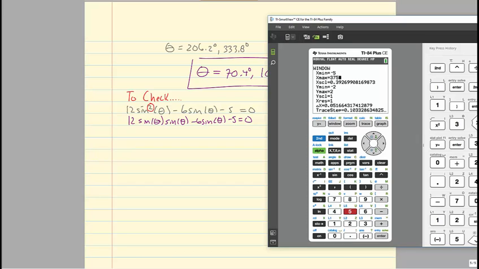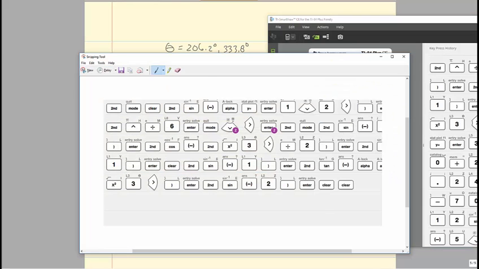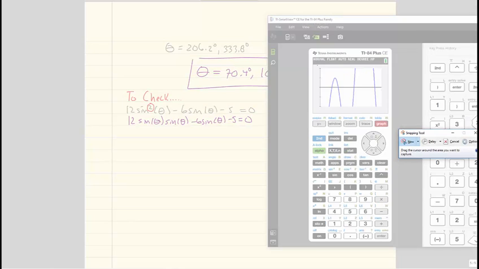And the x scale here, I wanted to go by units of 1, let's say, and the max and the min I'm not so interested in. So let's go ahead and hit graph. So this is what the graph looks like. It's crossing once, twice, 3 times, 4 times. So it says it has 4 solutions. Now how do we find those solutions? Well, let's go ahead and take a screenshot of this first.